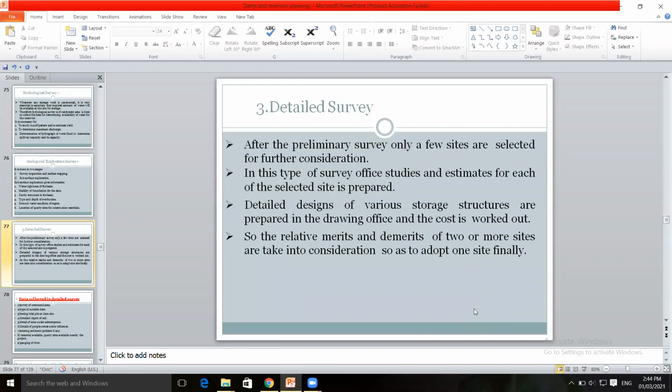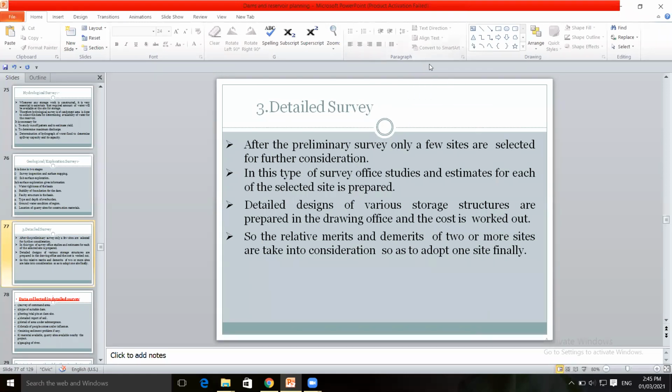After finalizing the one site for the reservoir and dam, the detailed design is carried out. In the detailed design, the different drawings are made.